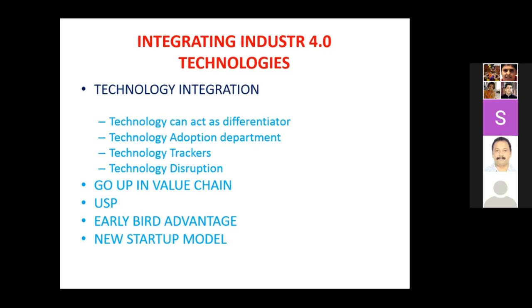Therefore, we need to be technology trackers, and that is where the problem is with the higher and technical engineering institutions as well. We need to be aware of technology disruption, because technology can disrupt the earlier styles, methods, and ways of working. That we need to understand.